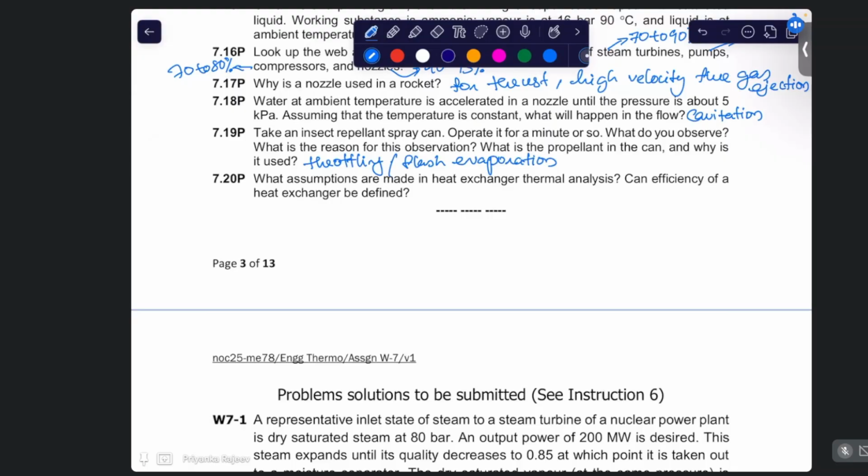Now, what assumptions are made in heat exchanger thermal analysis? Can efficiencies of a heat exchanger be defined?